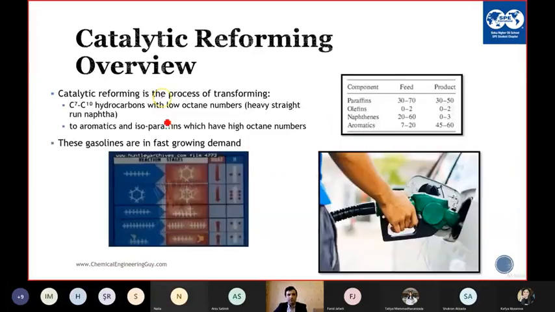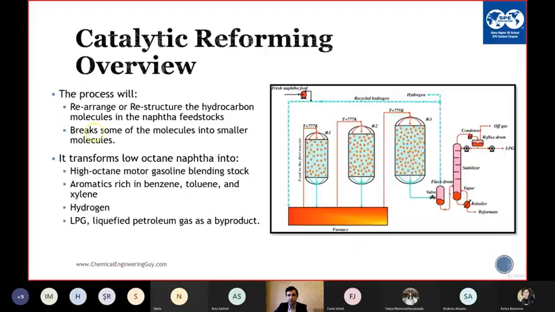In catalytic reforming, C7 to C10 hydrocarbons with low octane numbers are converted to aromatics and isoparaffins, which have the higher octane number. So the process will rearrange and restructure the hydrocarbon molecules, and breaks some of the molecules into smaller molecules. High temperature reactions always involve cracking. We only want cracking in the FCC.